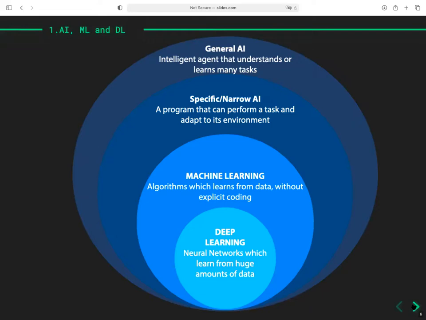Now, within this class of algorithms that learn from data without being explicitly coded at each step, there are neural networks here at the bottom, so a smaller range even, that are a specific class of machine learning algorithms. And they're made of layers of so-called neurons. And the more layers, the deeper they are, the more they are called deep neural networks, and it's called deep learning.